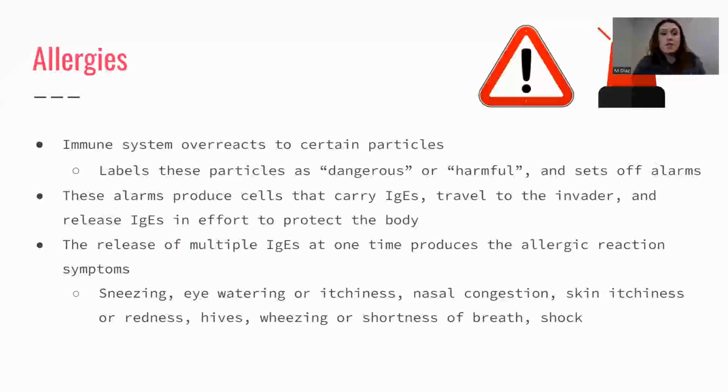That release of all the IgEs at once is what's producing what we see or know as the allergic reaction. So that can range anything from sneezing, eye watering or itchiness, any kind of skin itchiness, nasal congestion, all the way to more severe symptoms like wheezing, shortness of breath, or even shock.